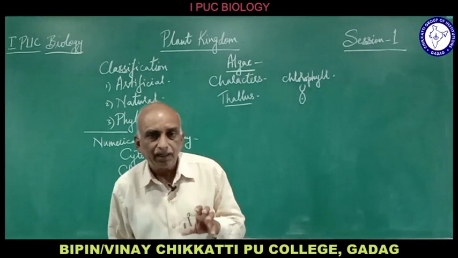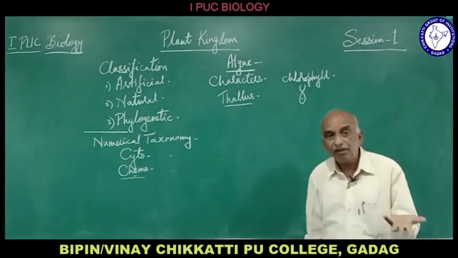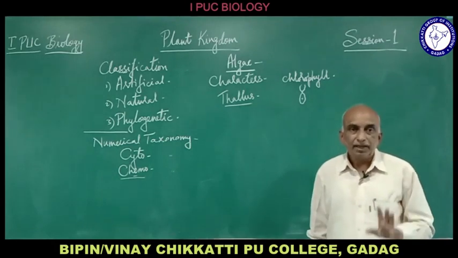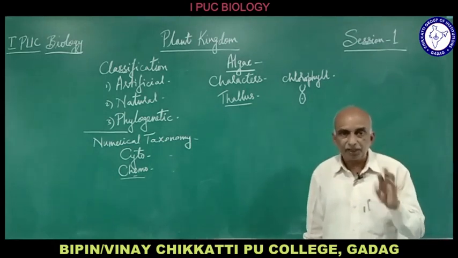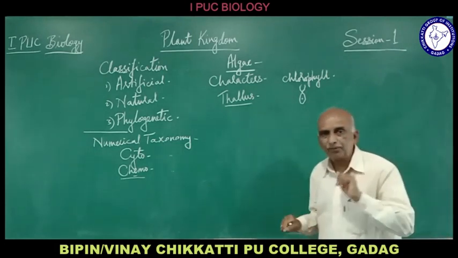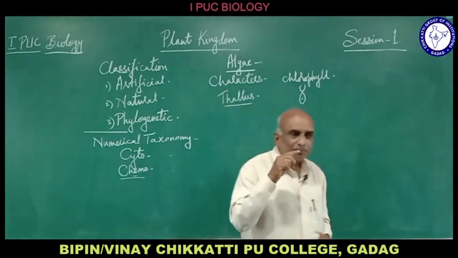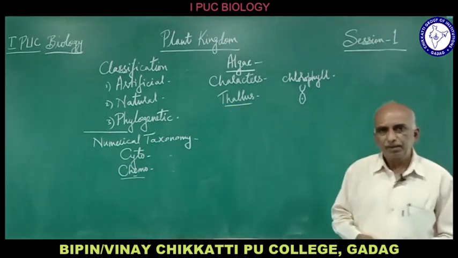So unicellular algae may be motile or non-motile. Chlamydomonas is one example which is motile. The Chlamydomonas cell looks like this. It has a pair of flagella. It is motile.